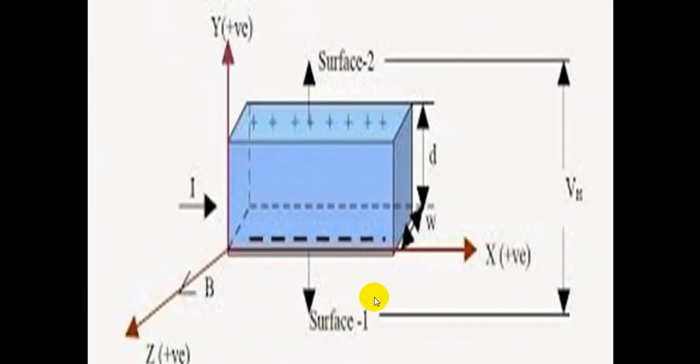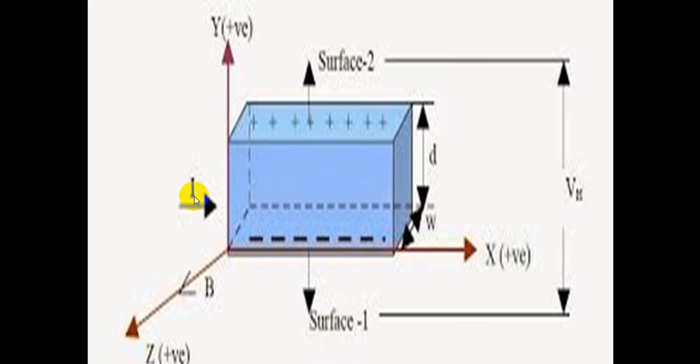Come to the diagram of the Hall effect. So you have to listen carefully. This is the conductor or semiconductor. The length of the conductor is taken as D and the width of the conductor is taken as W. Here this is the x-axis, y-axis and z-axis of a semiconductor or a conductor, whatever it may be.